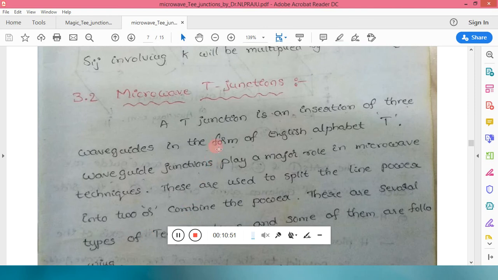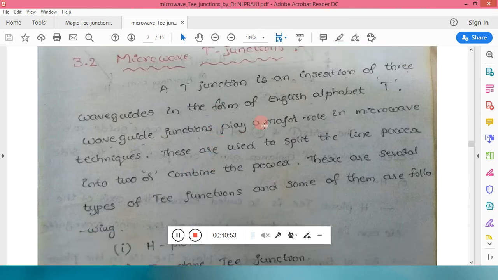So, the microwave T junction. The T junction is an interconnection of three waveguides, in the form of the English alphabet T. So we are connecting three waveguides. Waveguide junctions play a major role in microwave techniques, like nodes in normal communication systems.